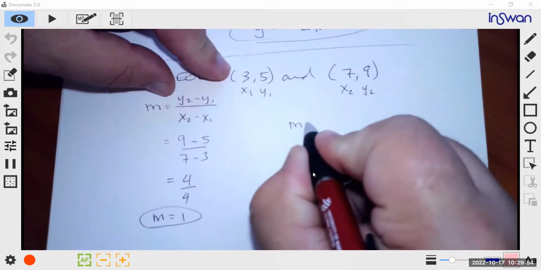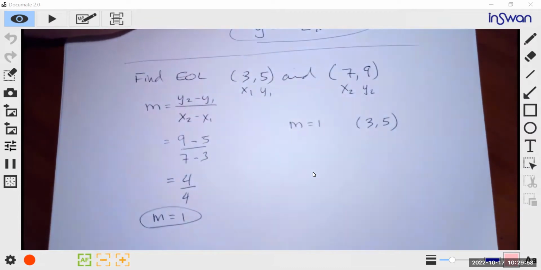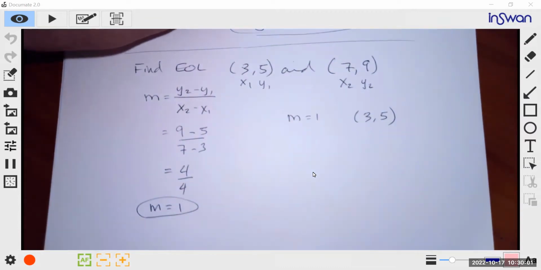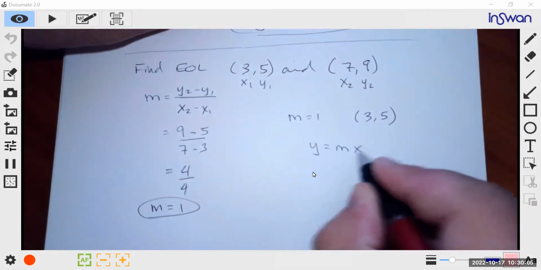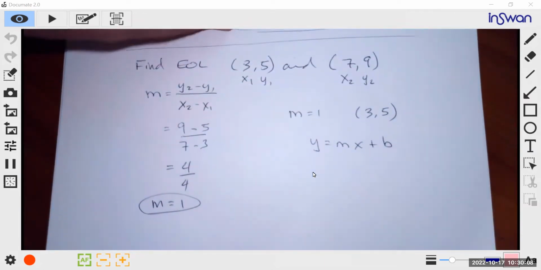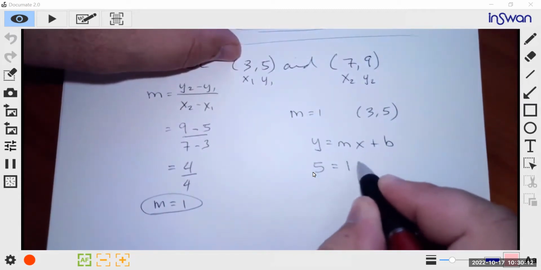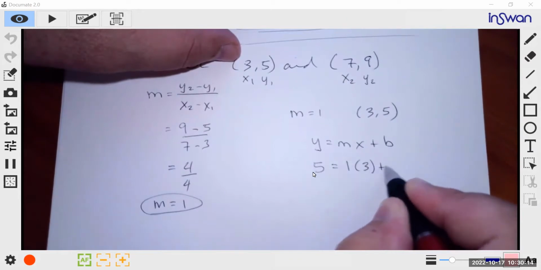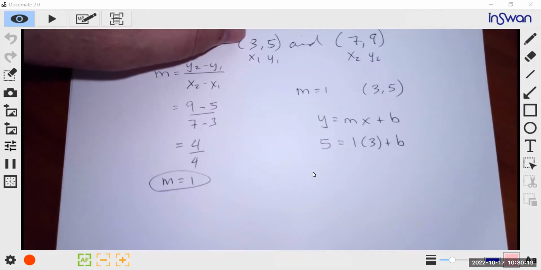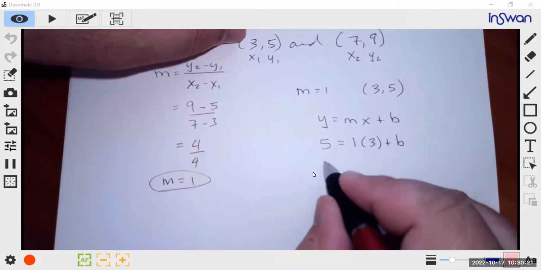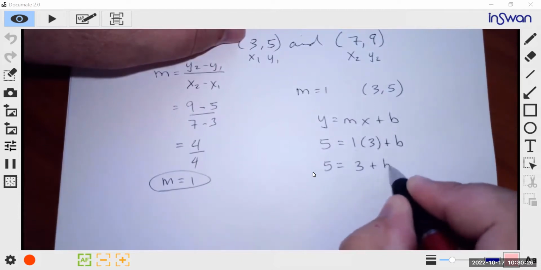Pick the first one, or this one, it doesn't matter, it's going to give you the same answer. So my slope is 1, and I'm going to use the point (3, 5). Plug into that equation. Y is 5. Slope is 1. X is 3. And we're solving for b. One times 3 is 3.